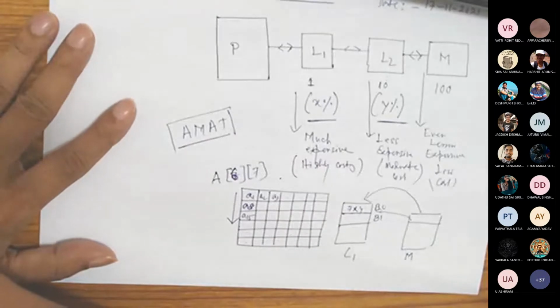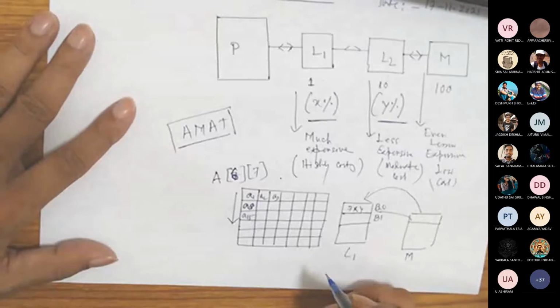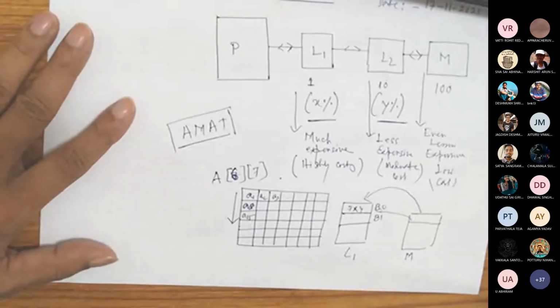So being a programmer, you also exploit all these things. Now the question is, as a high level programmer, how do you know? That is the reason all these things are taken care of by the compiler. So when you will be a compiler designer, you must know this.